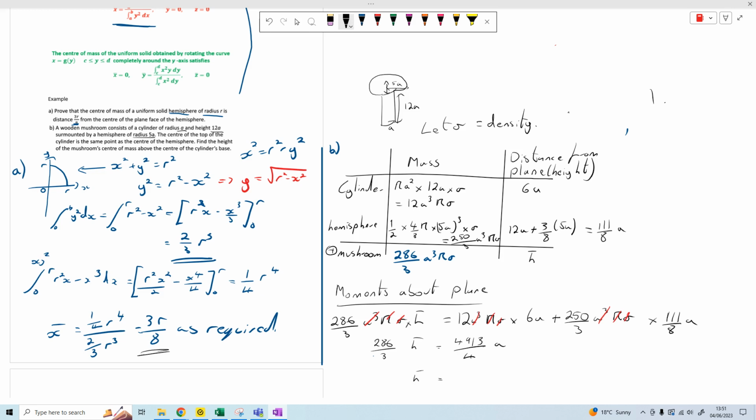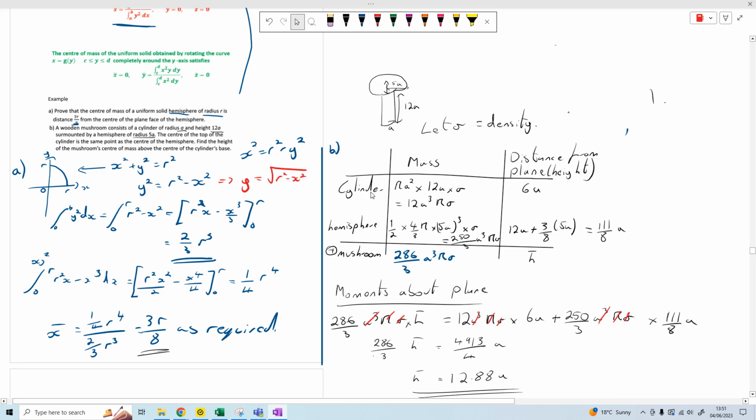So my h bar is going to be times by 3 divided by 286. Comes out as 12.88a. Okay, and that would be my height of the center of mass on this shape.